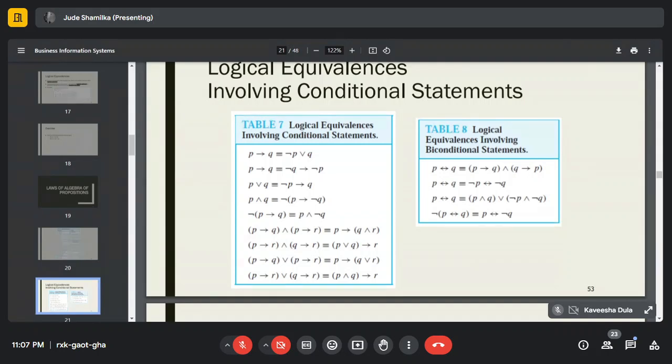So the first thing I told you, can you see that? I don't know whether you can see it. Is this way possible for you? Is this visible?